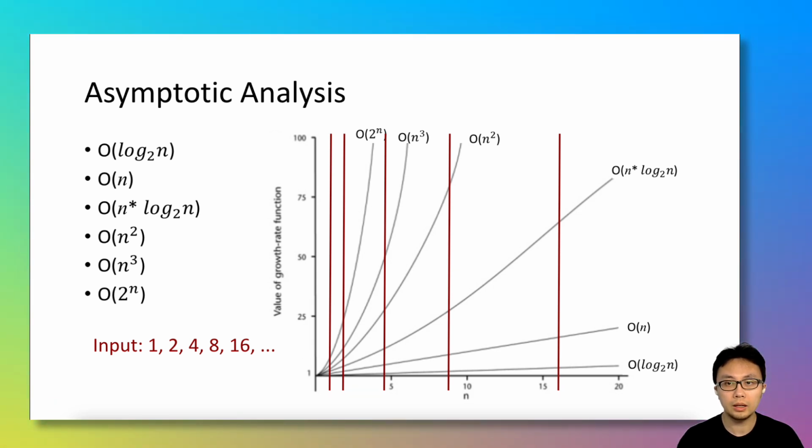When you connect them using a line, you will have a rough picture of its growth rate. So if you have difficulties memorizing the different relationships among these upper bounds, it's actually not needed, as long as you know how to get the job done.